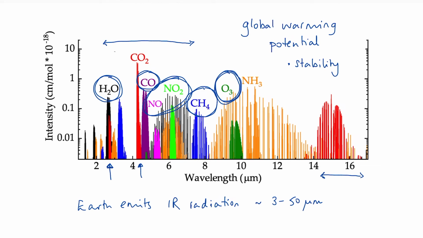So gases that are not soluble in water are unlikely to be washed out, or gases that have very, very strong bonds, and I'm thinking about CFCs, for example, are very stable because they're not broken down by photodissociation. So there are many gases in our atmosphere that, although we have a very, very small amount of them, because they are there for a very long time, their global warming potential is actually quite high.